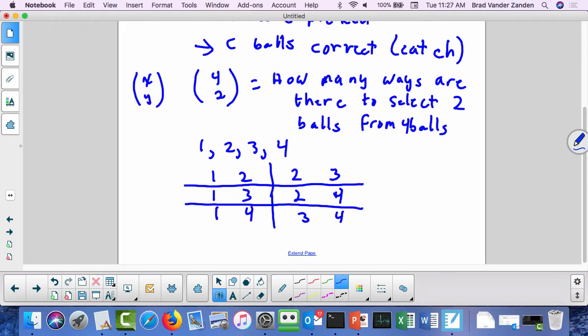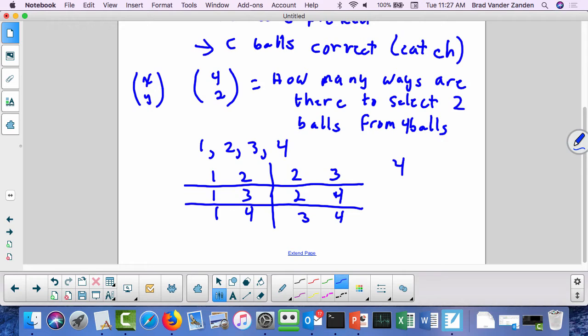Okay? If you're selecting 2 balls, then the first time, how many choices do you have for the first ball? 4. You can select any of the 4 balls. The second time, how many balls are left when you select? 3. So the second time, you only have a choice among 3 balls.